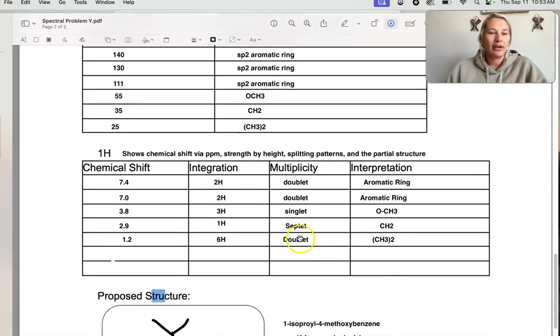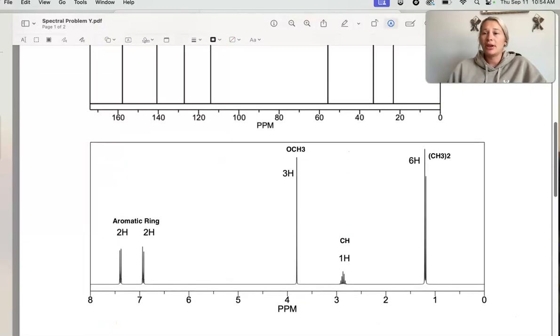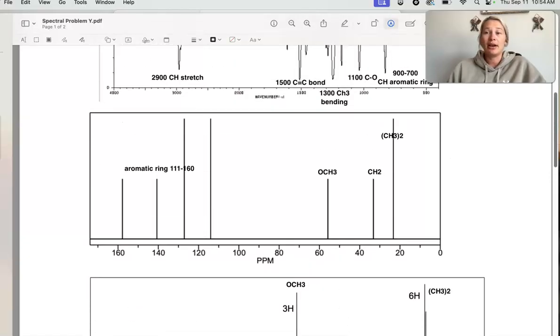Here's me plugging in all of the data that we found, and here are our partial structures. Then, to make sure I have the correct data, I went to my 13C NMR, which shows the structurally distinct carbon environments, of which there are 7 in our structure.